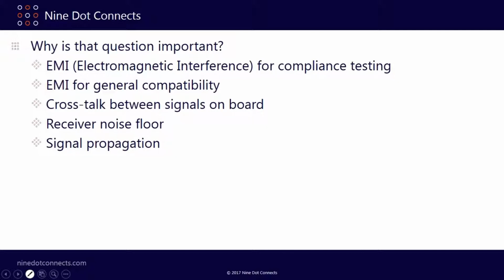There's EMI for compliance testing, and EMI for general compatibility within your own product. But there are also problems that people have with crosstalk between signals on the board. If you have a receiver in your product, you need to be aware of how high-speed designs can affect the noise floor. And with high-speed design, you have to be aware of it because there are different aspects of signal propagation.